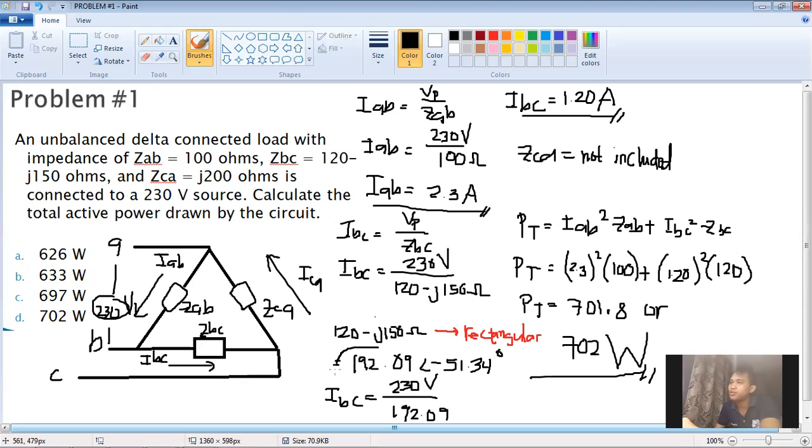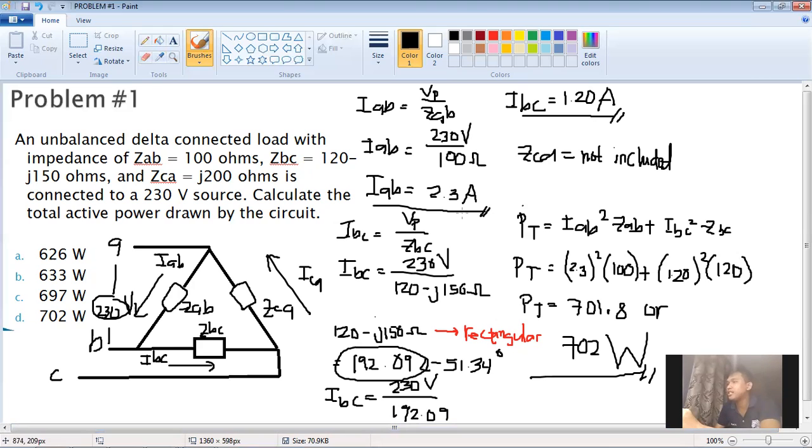So we will use 192.09 for our impedance ZBC. IBC is equal to 230 volts over 192.09 ohms, which upon calculation is 1.20 amperes.